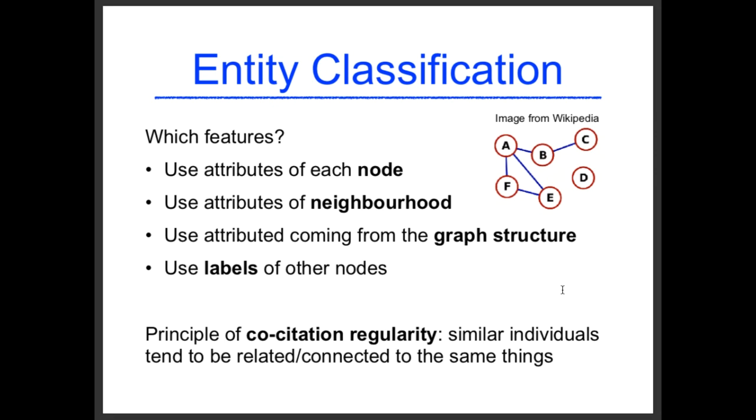So you want to predict whether a certain node is a spammer on a social network, and so you use his or her attributes, but you also use the attributes of people related to him or her, okay? That's one thing that you can do.